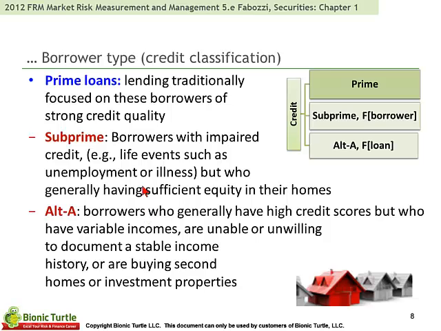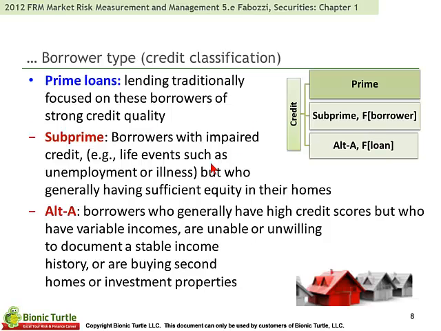If you're looking for concrete definitions and distinctions here, we're not going to find them. But my summary of Fabozzi's, which is consistent with the Ashcraft case study, is that subprime tends to refer to a feature or characteristic of the borrower, while Alt-A tends to refer to the loan itself. Notice the difference there.